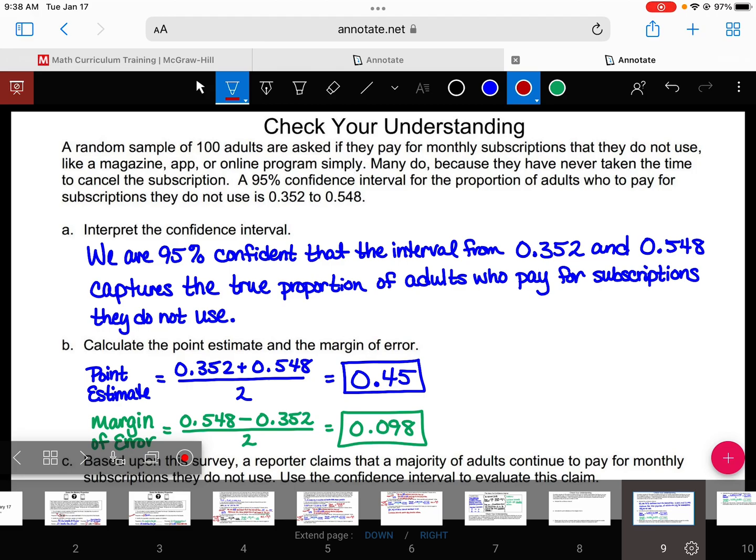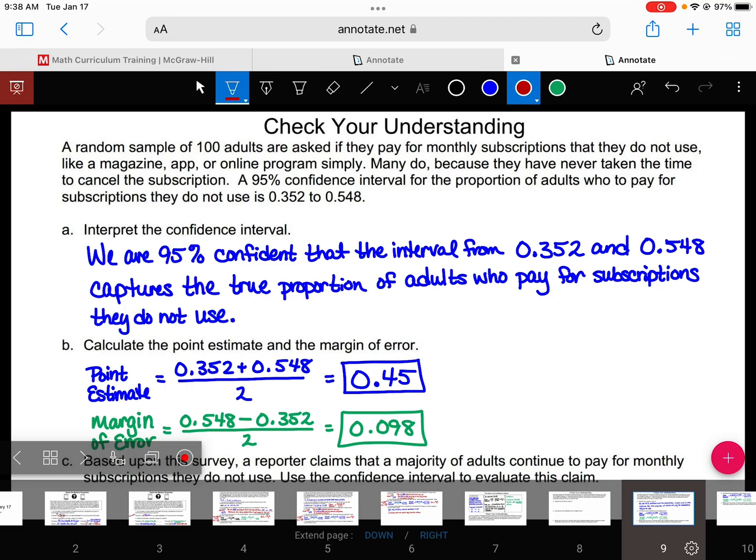So looking at our interval, can we confidently state that yes, it has to be more than 50%? No, because we've got stuff on both sides of it here. I would need an interval that contained things that were only bigger than 50% if I were going to state confidently, yes, we have evidence to say that a majority. It could be a majority.